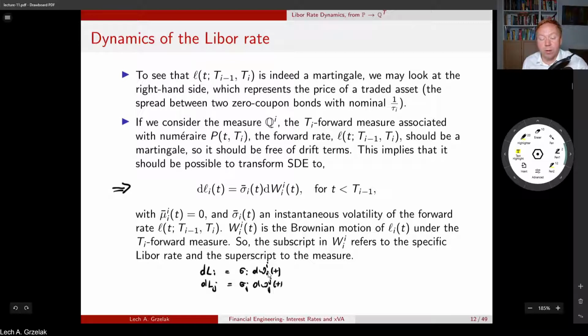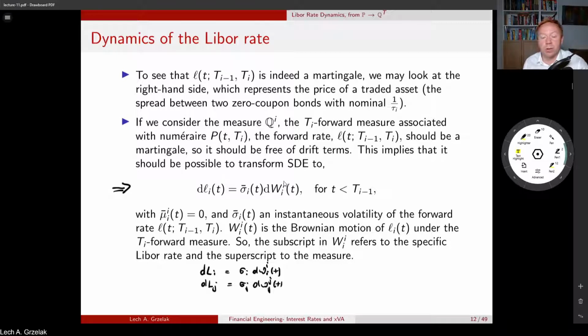So we see that for the Brownian motion we have two indices. One index tells us to which Libor it corresponds, so this is Brownian motion i corresponding to Libor i. However, the second part can change because it is the corresponding measure.